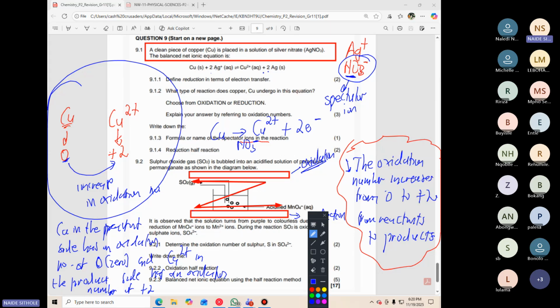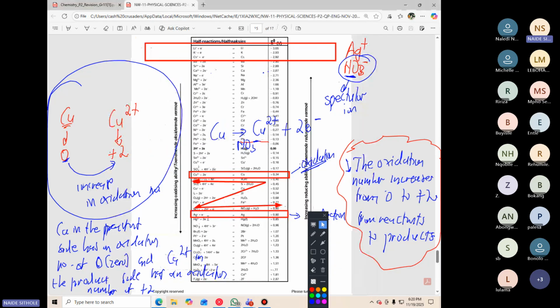Reduction half reaction. Reduction half reaction. Where do we go back to? Here. And then we say, oh, reduction, it has to be this one, because we've already identified the one above as oxidation, so the one that will be below is reduction. So for the reduction half reaction, we just simply write this one. But you have to be careful when you write it. Do not use this type of arrow here, this double arrow.